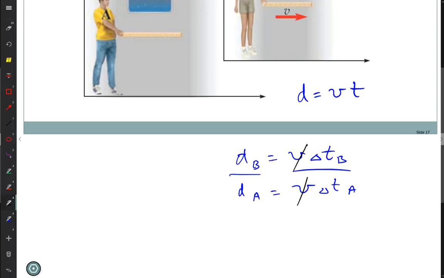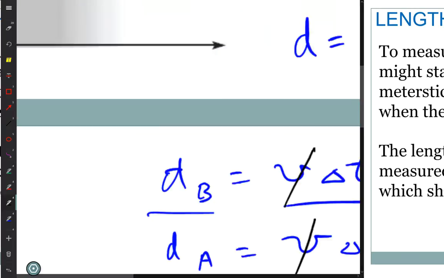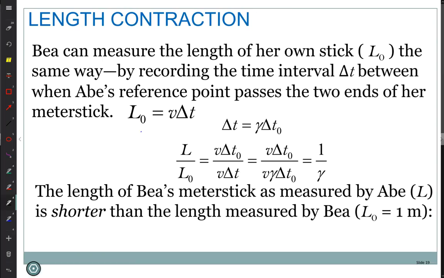Then you have the ratio, well, dB is equal to dA times delta T B over delta T A. And when you put that together, that's what this equation is showing. And you find that the length measured by Abe is equal to the length measured by B divided by gamma. So the length also shifts.